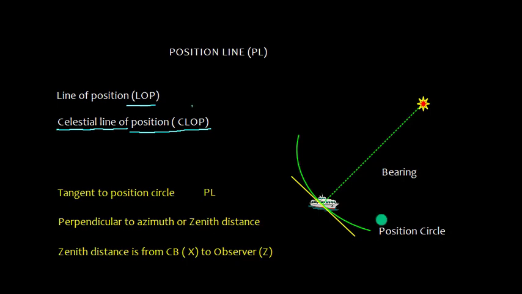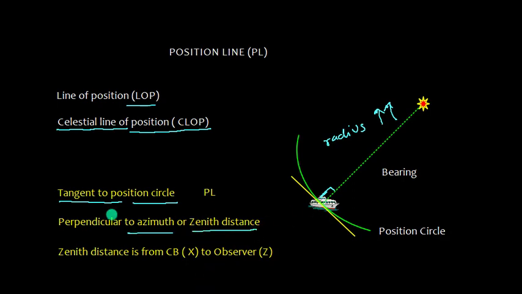In this position circle, because the radius is very large on the surface of Earth, instead of drawing the whole circle, I draw a tangent to the position circle, and this tangent is going to be 90 degrees to the azimuth or zenith distance.